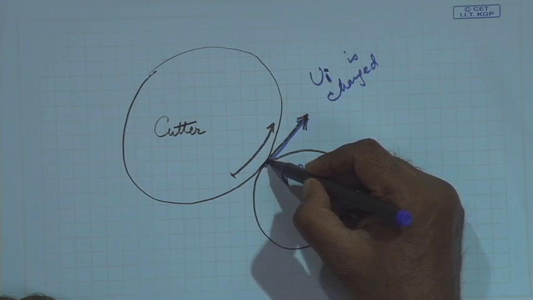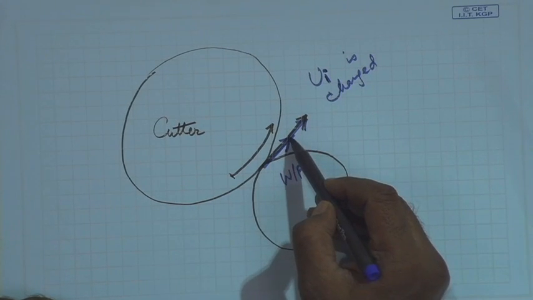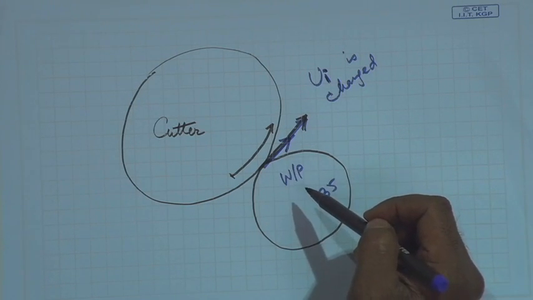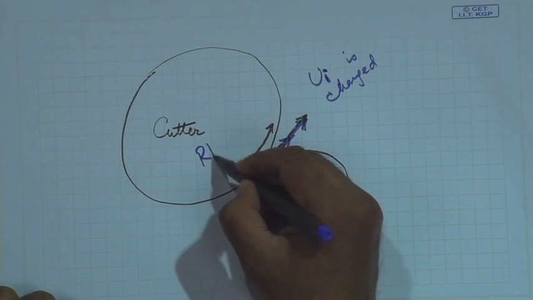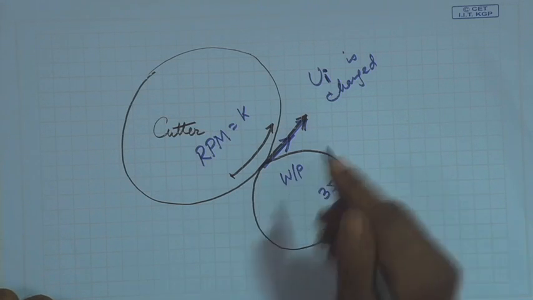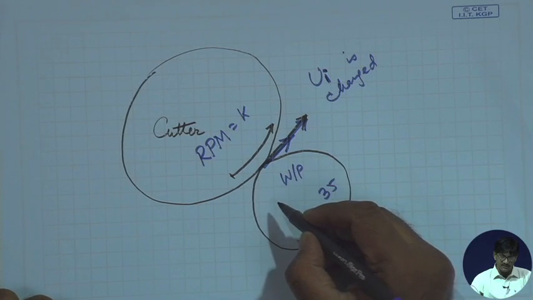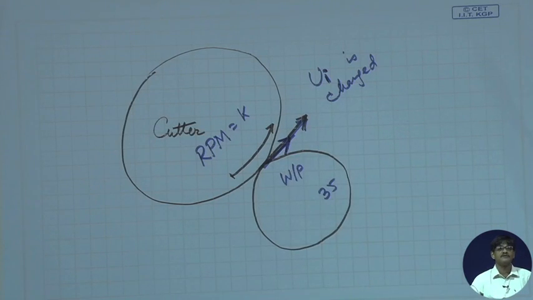It will become this much. Then how can they have the same velocity at the periphery now? Cutter is not changing its RPM. So, we write RPM is constant, but this one is changing its RPM, so that this peripheral velocity is becoming, say, half apparently. Then they will not be in rolling condition anymore.